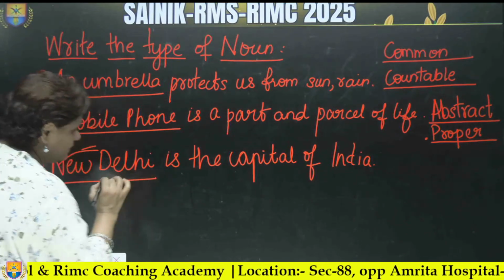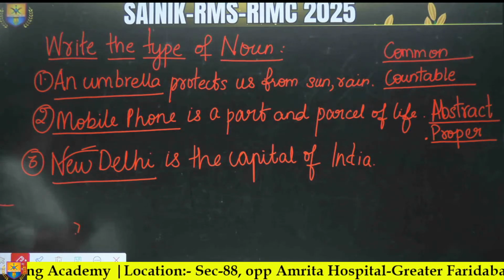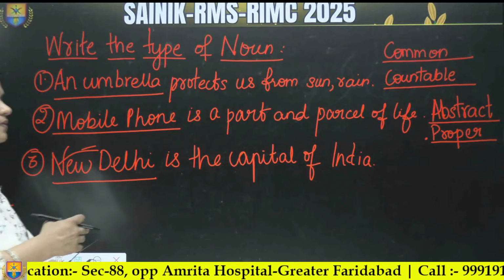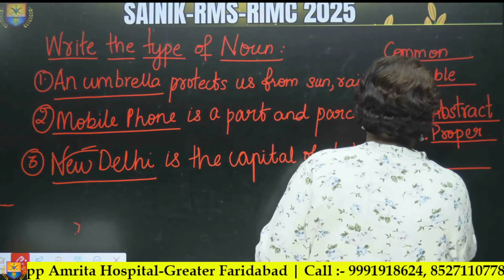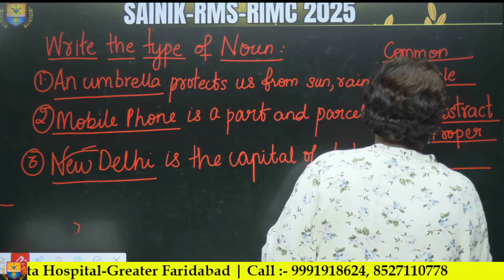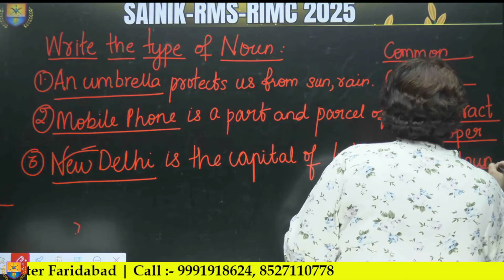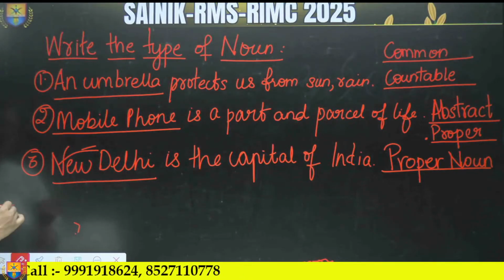We have underlined New Delhi. So what is the noun we mention in this? Here, correct, it is only and only one kind of noun, and that is proper noun.